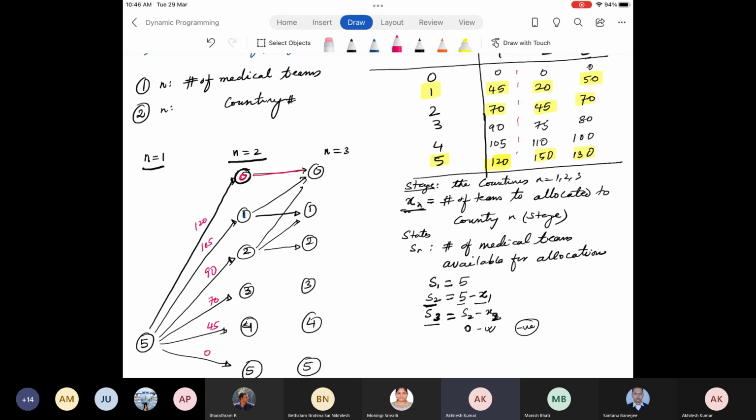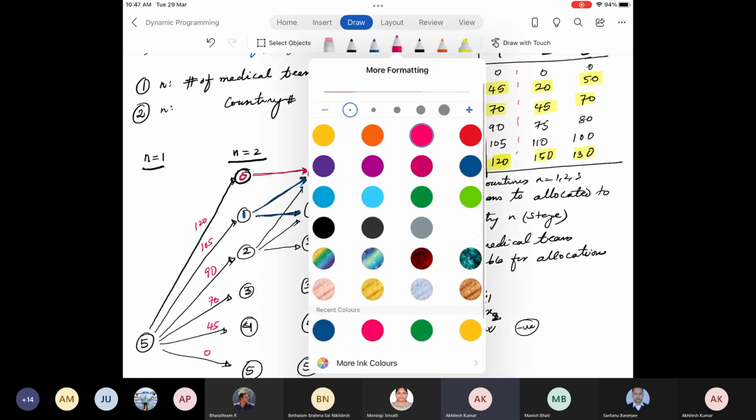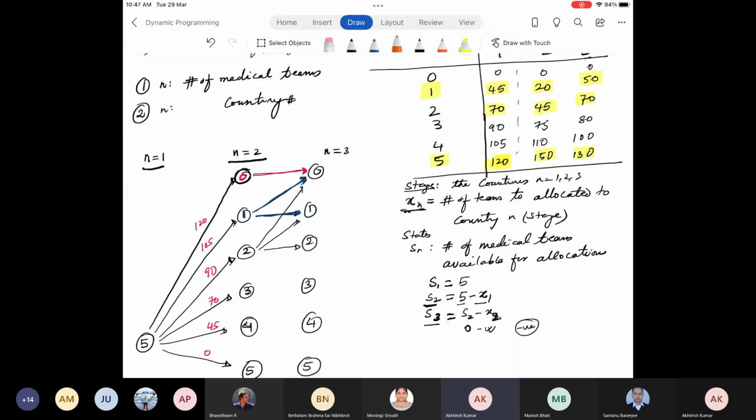The links from 0, then all the links from 1. For 2, let's keep black. For 3 we need another color. So 3 again can go to 0, 1, 2, 3. The rest you understand, right? Fine here.